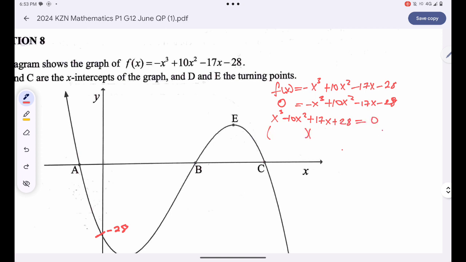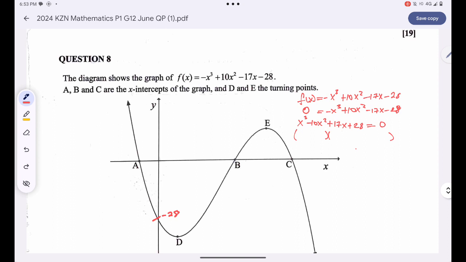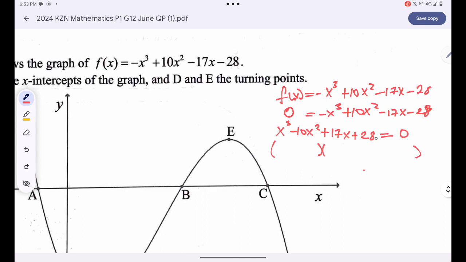All I have to do now is find one of the roots by trial and error. If you substitute different values of x into that expression, you must find the value of x that will give you 0.